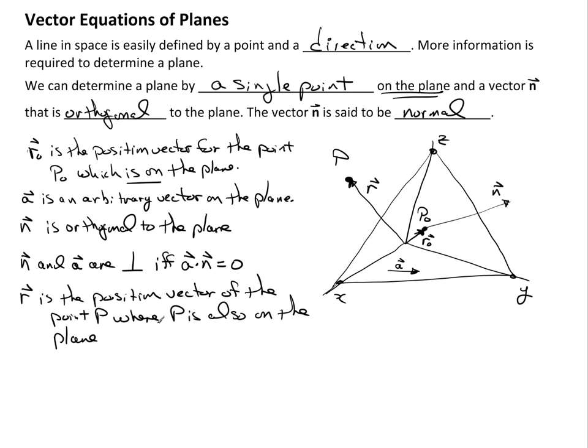Okay, so what do I have now? I have the vector from P0 to P, which is a representation of r minus r naught.